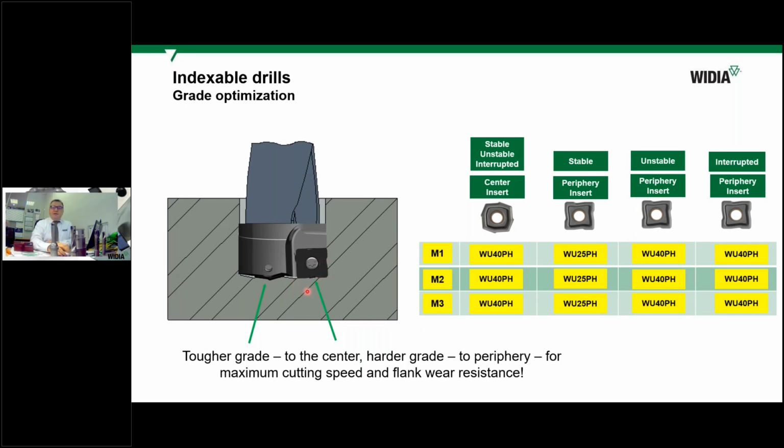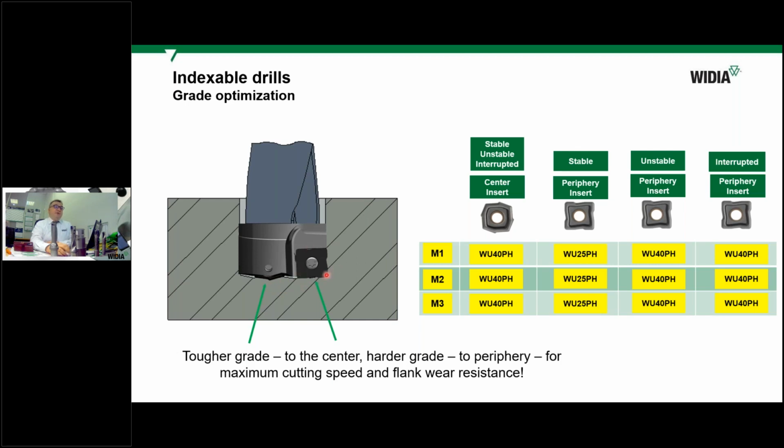Here we can choose just another carbide for the peripheral insert, and that's what we do in most cases. So for the central insert we choose the toughest, the softest grade, which can resist shocks, hits, and pushing. Because here, when the cutting speed is about 0, the cutting edge is not really cutting; it's more pushing the material, because of the very low temperature and almost 0 cutting speed.